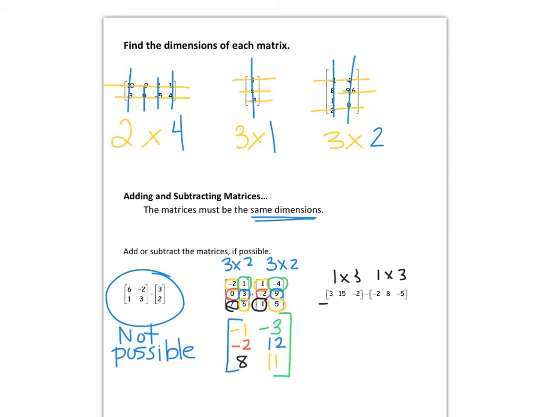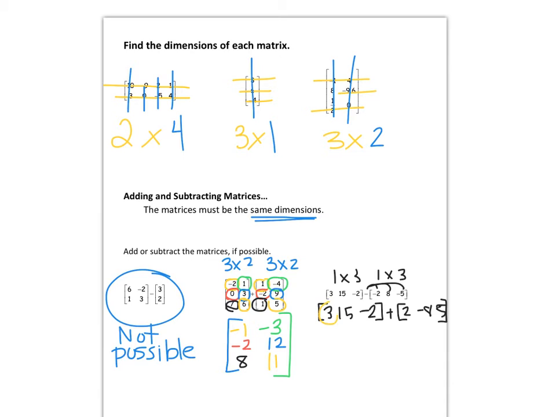Now, when we've been subtracting polynomials all trimester long, and then rational expressions, we've been talking about distributing that negative. And so we do that with matrices as well. Negative, negative 2 is going to become positive 2. The positive 8 will become negative 8. The negative 5 will become positive 5. And then we add the matrices together.